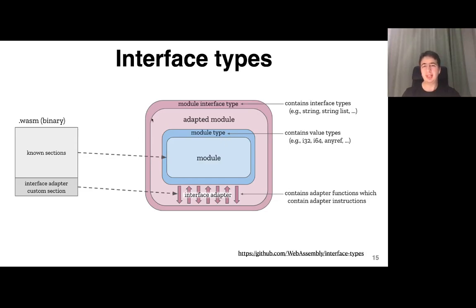And this module is wrapped by an adapter module. Wrapped means that for every import and every export in this raw WebAssembly module, there could be a corresponding adapter import or adapter export. The main purpose of this adapter is lowering or lifting types.